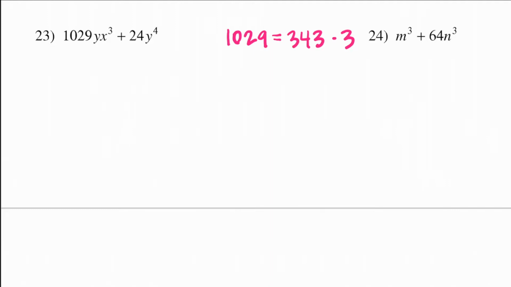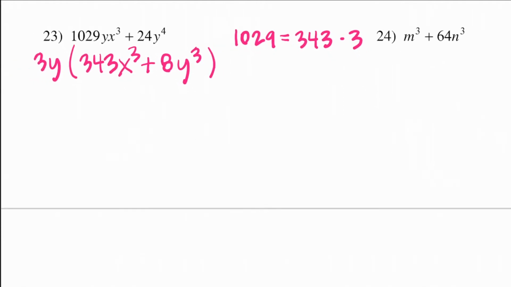So I've got a 3 and a y, and then I'm left with 343x cubed plus 8y cubed. Okay, nice. This one had a little bit of an extra layer. That greatest common factor. 343x to the 3. I'm going to put my little note in here that's 7x cubed and 2y cubed.